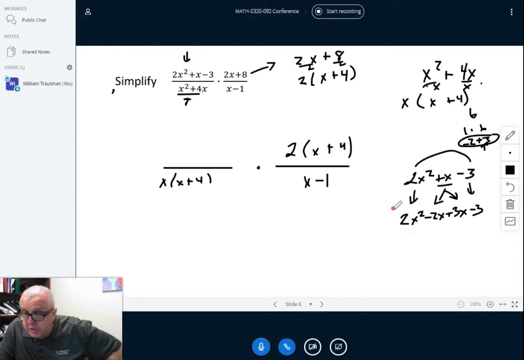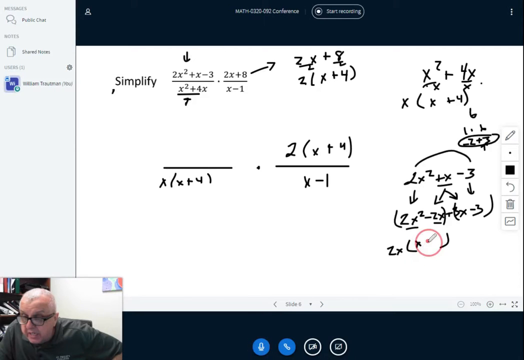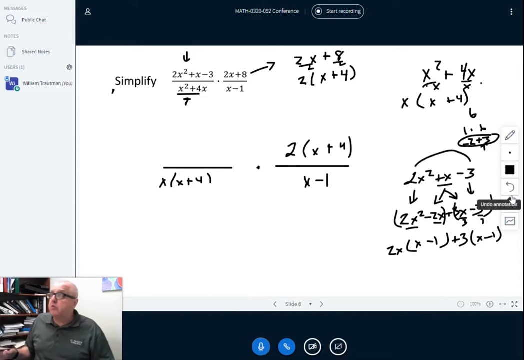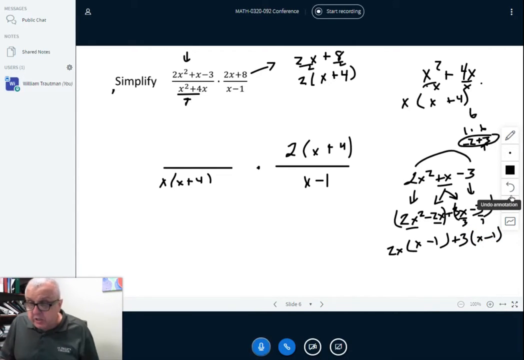Now we have 4 terms that we have to factor by grouping. Group the first 2, group the second 2. The GCF of this first group is 2x. When I divide it by 2x, I'm left with x minus 1. The GCF of the second group is a positive 3. When I divide both by 3, I get x minus 1. When you factor by grouping, the parentheses should be identical.